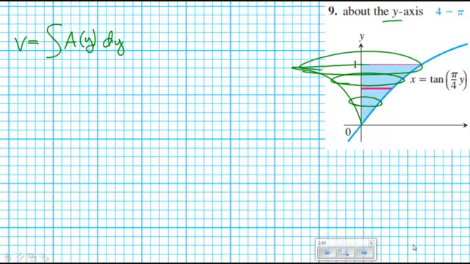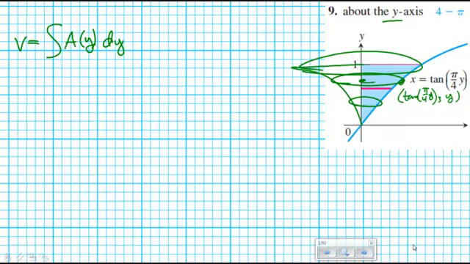Now let's see. For some particular y on the axis of rotation, this point right here is going to be the point x comma, oh, I'm sorry. I don't want to write it that way. Since they wrote it this way for us, this would be tangent of pi over 4 y, comma, y.